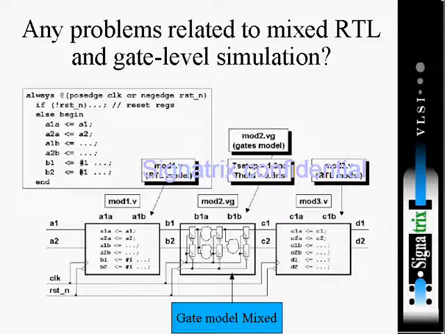What is the difference between the gate level and RTL? Suppose there are three files, modeled in Verilog, and after that you implemented one top. In that top all the three files are there. Now, I have synthesized only one module, so I got a gate level netlist.